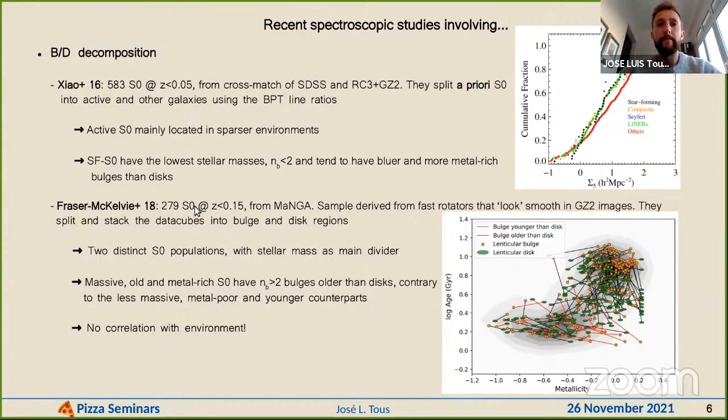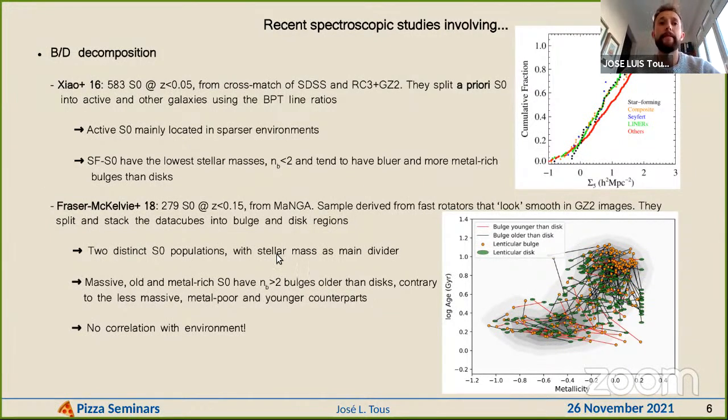Another work, this time involving integral field spectroscopic data, is that by Fraser-McKelvey and company 2018, in which they study 300 nearby S0s, and they divide the sample, splitting each of the data cubes of MaNGA into bulges and disks. And then they stack the spectra of each of these two structures and find that the population of S0 galaxies is actually made of two subpopulations with the stellar mass as the main divider between the two groups.